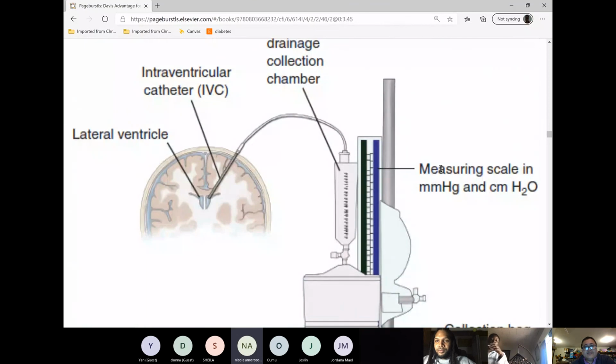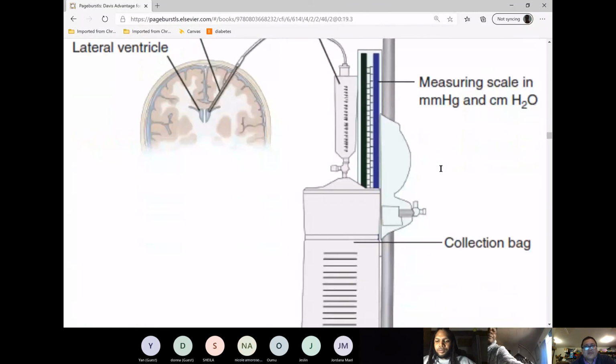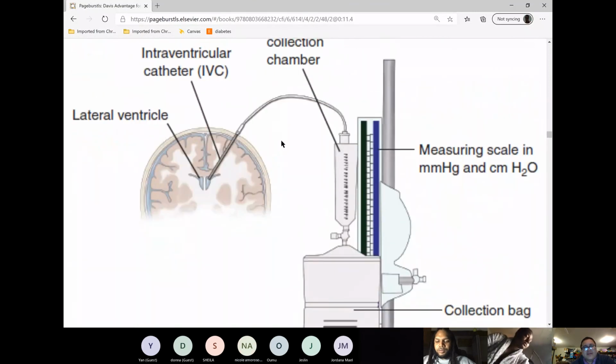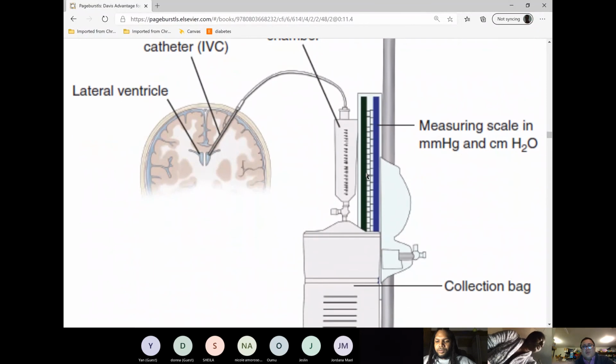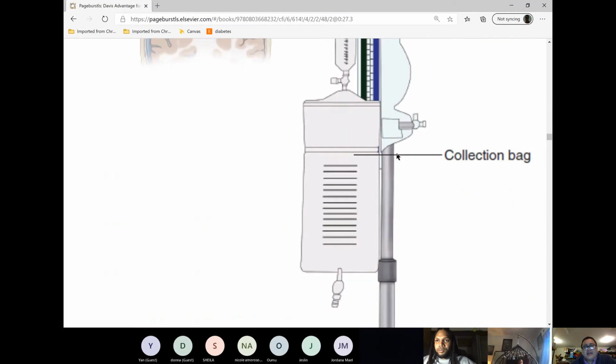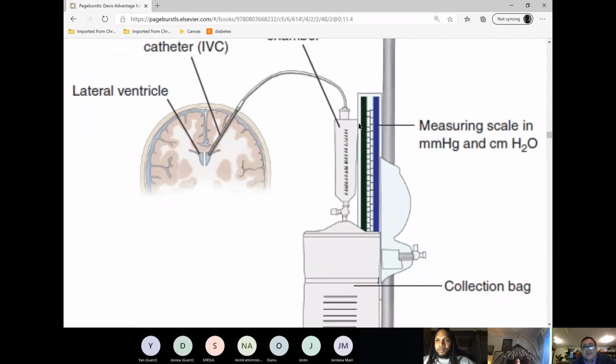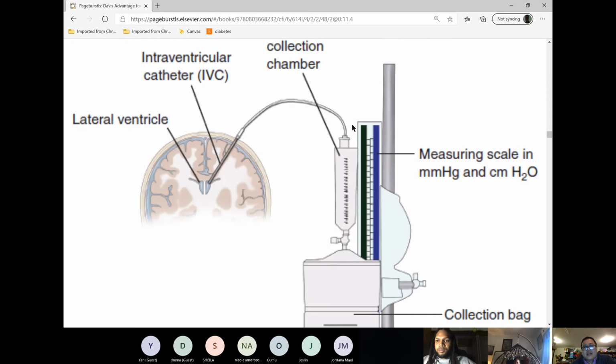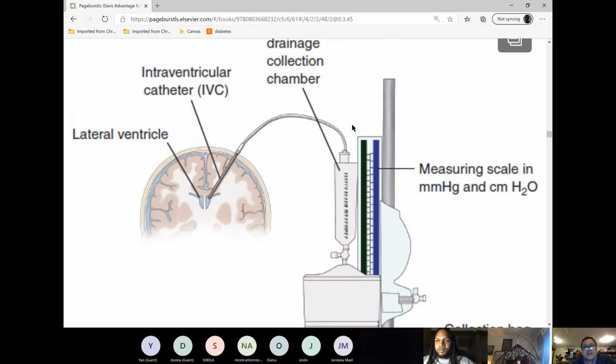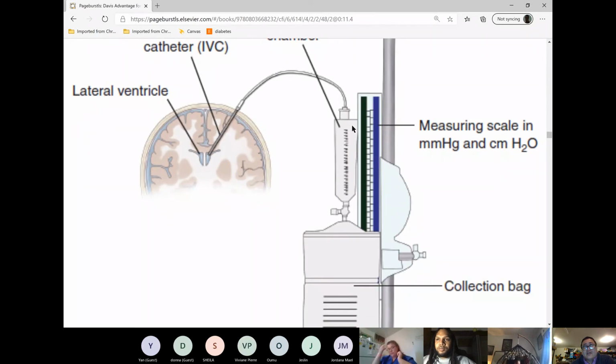And here's an illustration. It's actually quite primitive. So when we have an IVC, the setup has a leveler somewhere here, which is not included in the illustration. Israel, you do some construction, right?